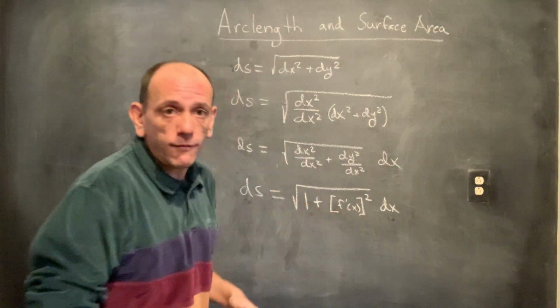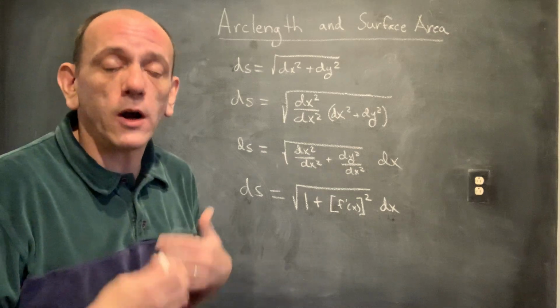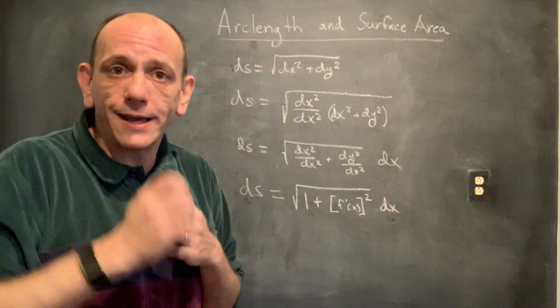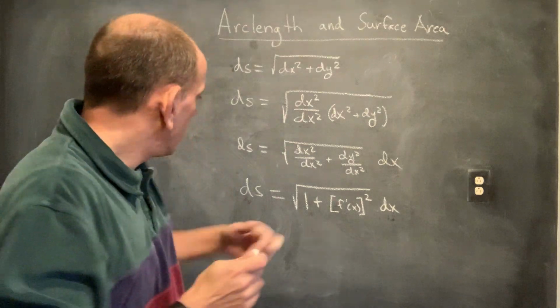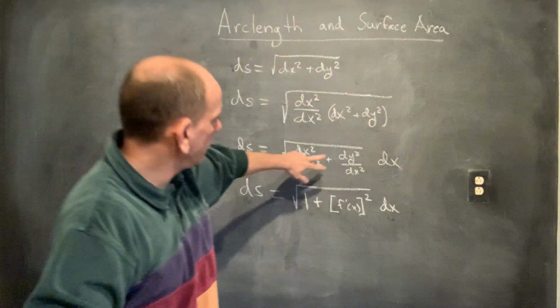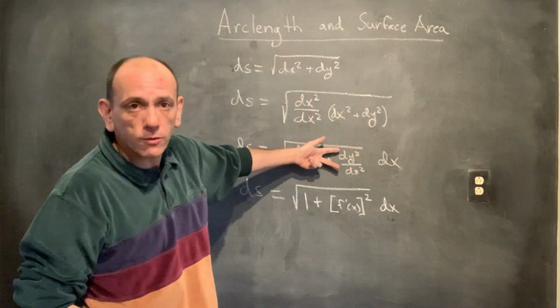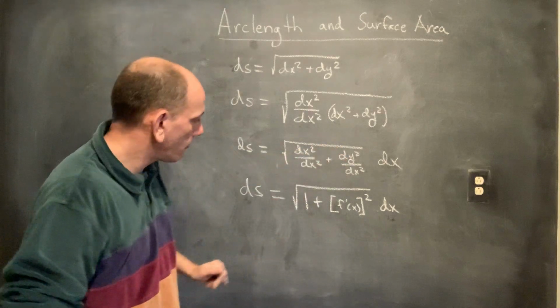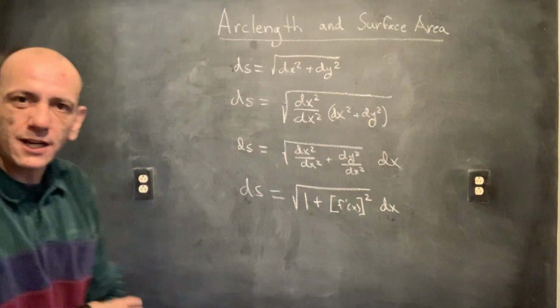So if the derivative isn't defined on the interval, we can usually just go dy instead, just change your direction. And instead of taking the derivative of y with respect to x, we just take the derivative of x with respect to y, dy, right? Just reverse. Okay, we'll see an example of that later.